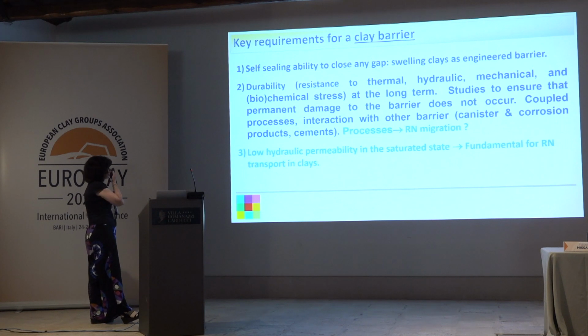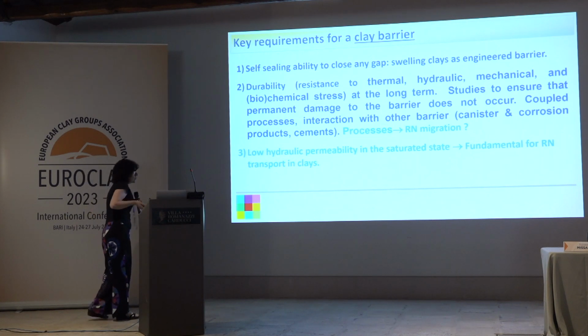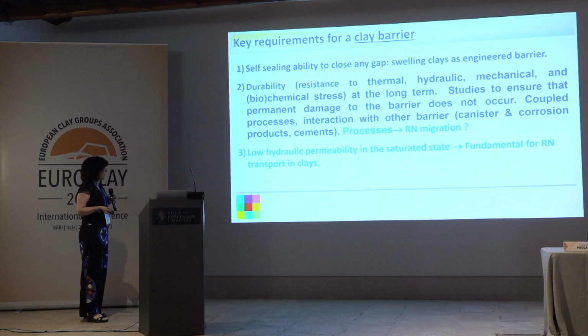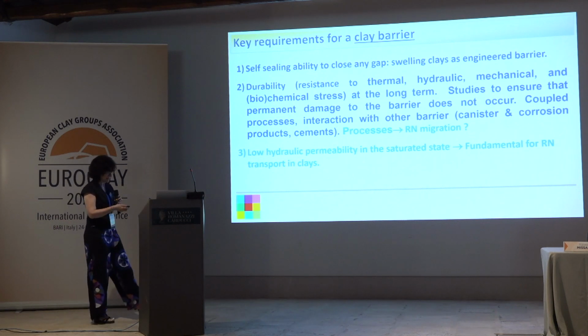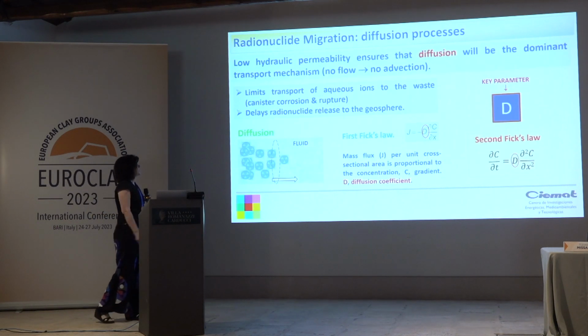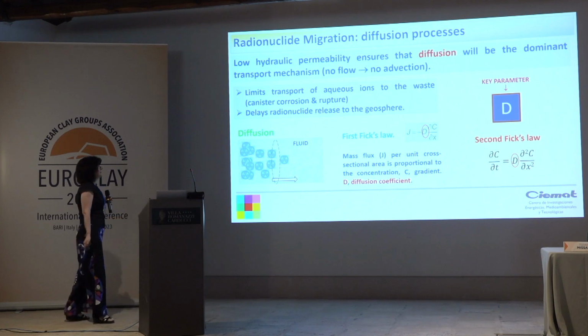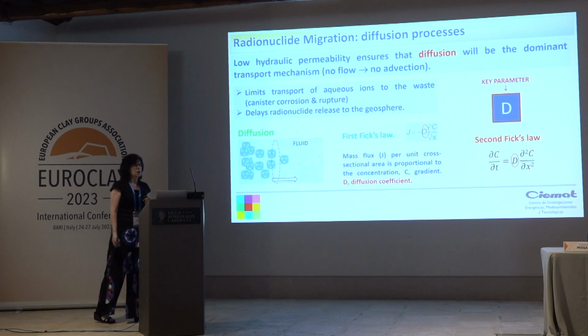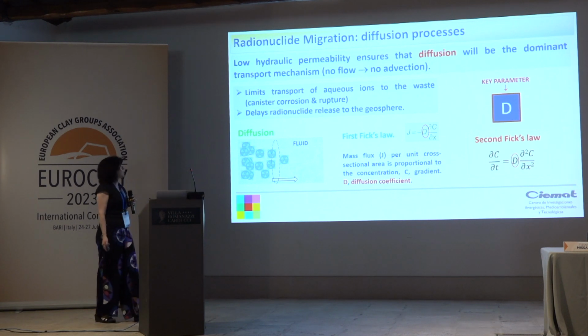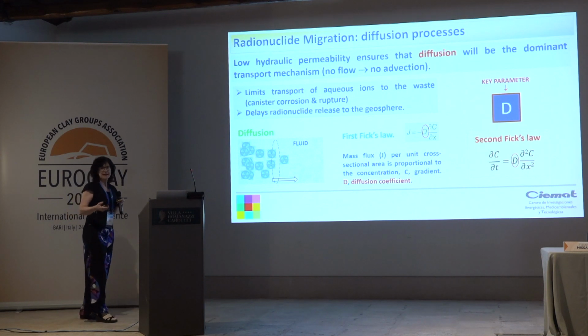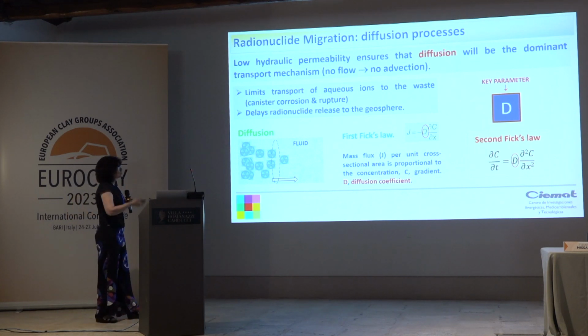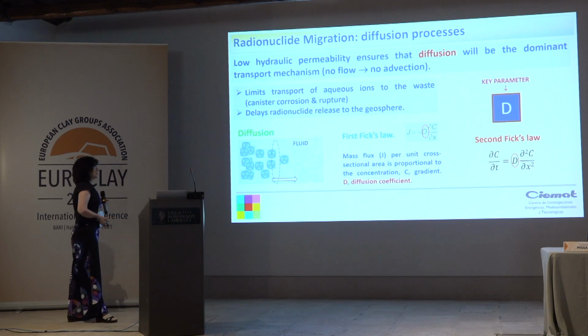And finally, this is the point which is probably the most important for radionuclide migration: the clay has to have low hydraulic permeability in the saturated state. Because if the permeability is low enough, this ensures that diffusion will be the dominant transport mechanism. There will be no flow, no advection, so we can somehow better control migration within the clay.